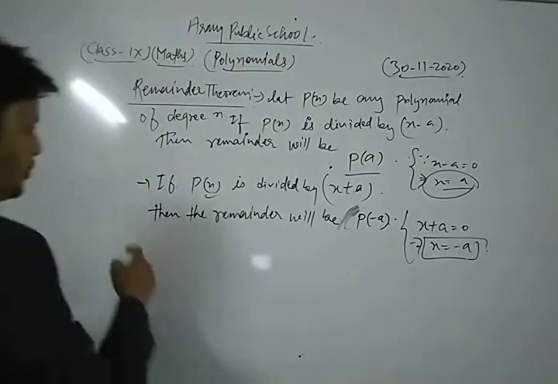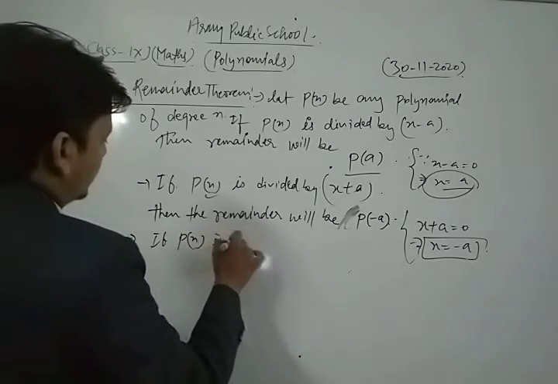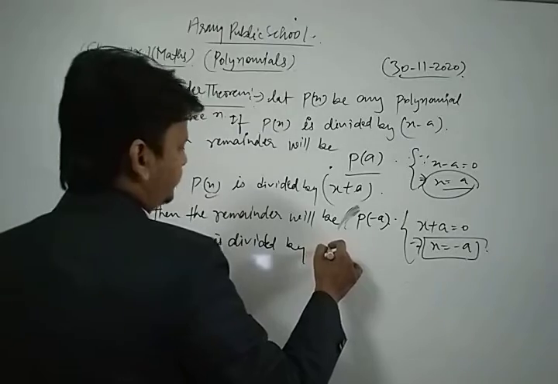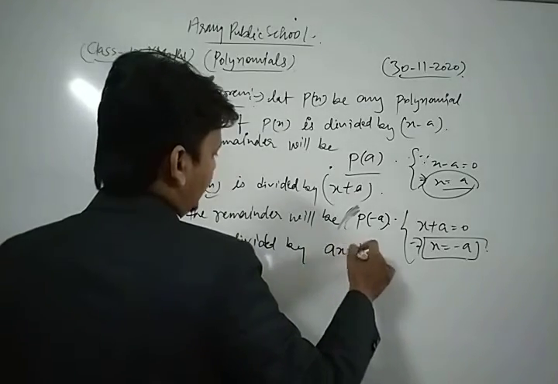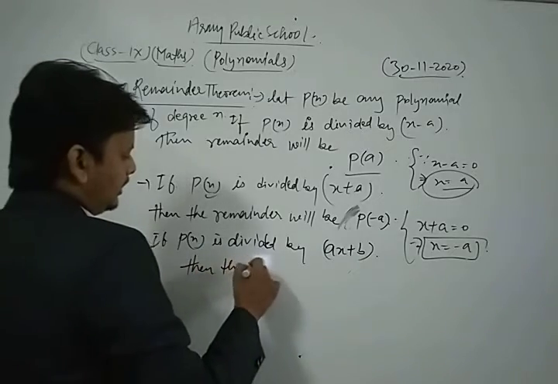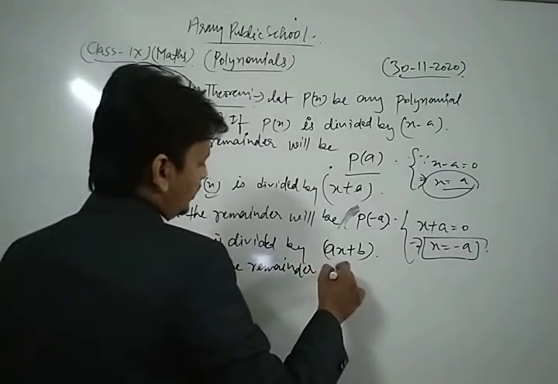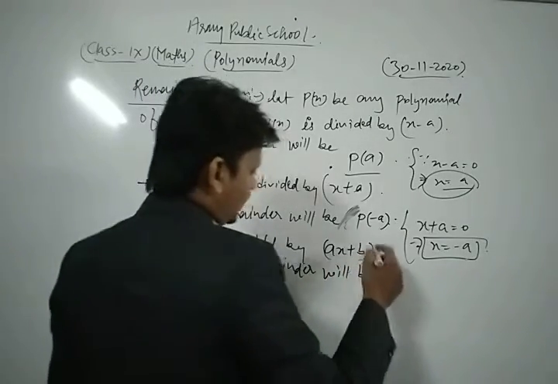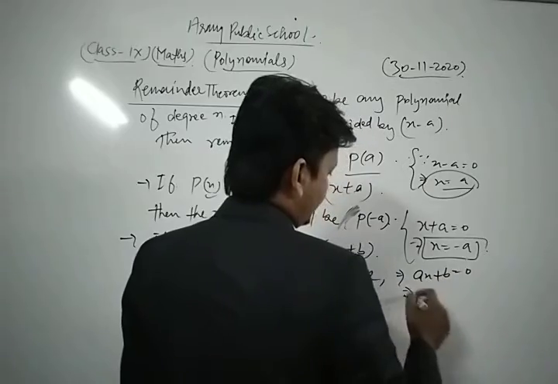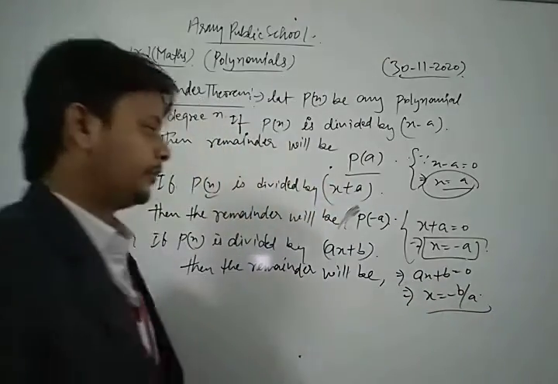One more important concept: if P(x) is divided by ax plus b, then the remainder will be found by first taking ax plus b equal to 0, that is, the value of x is minus b upon a.